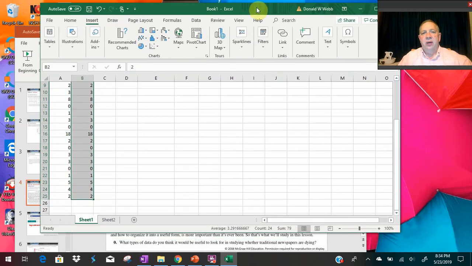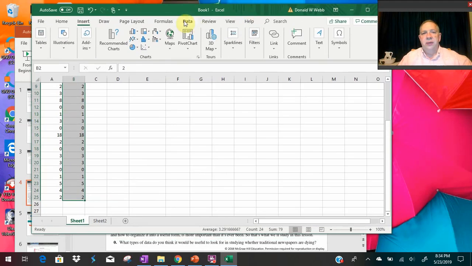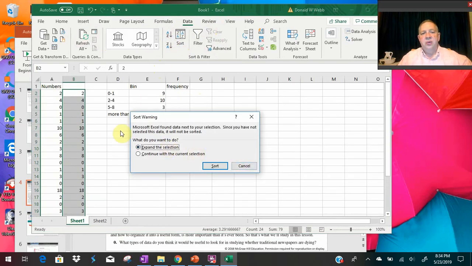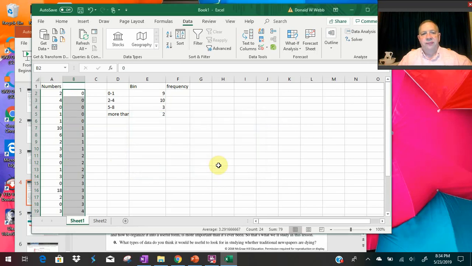I do that by going to the data tab, here's my ribbon, and then this A to Z will sort. These are the sorting options here. I want to sort smallest to largest, and it asks whether I want to include the other numbers, and I just want the current selection. So there it sorts it for me.